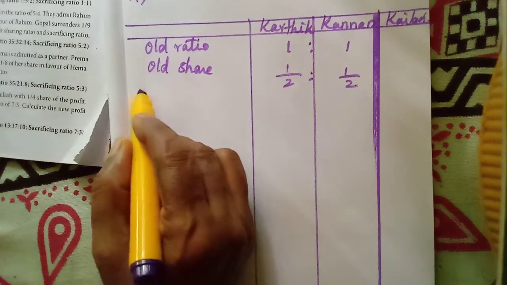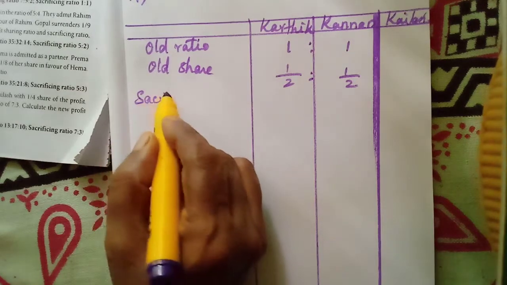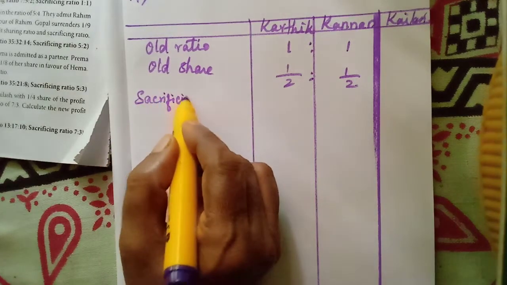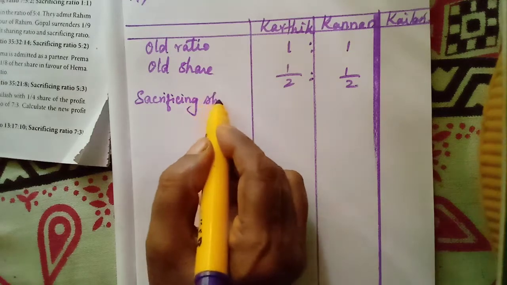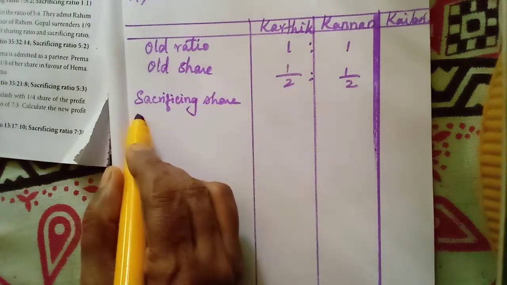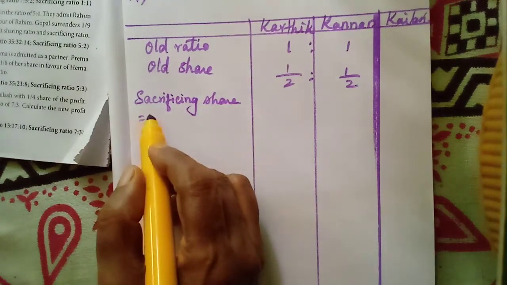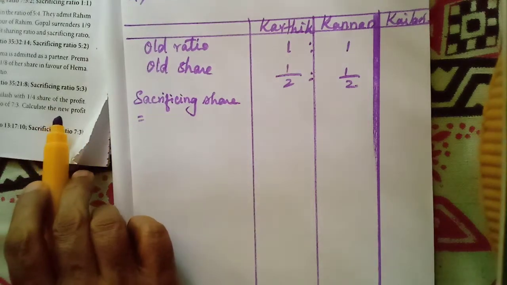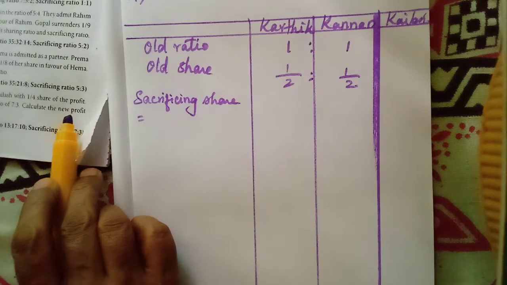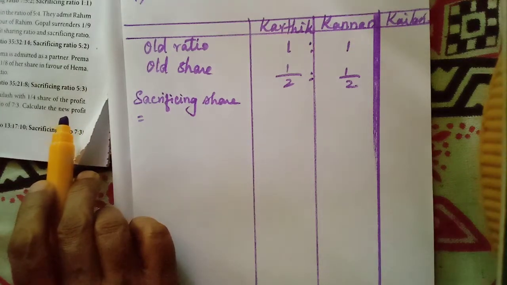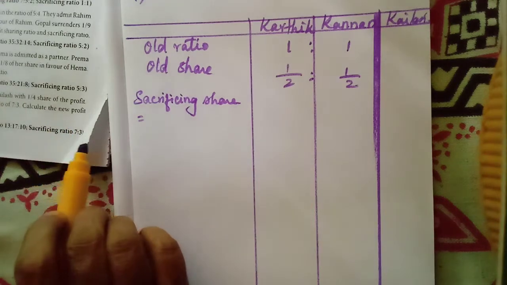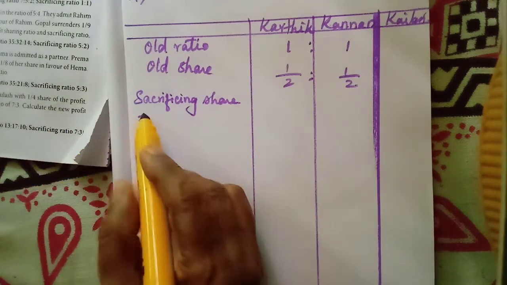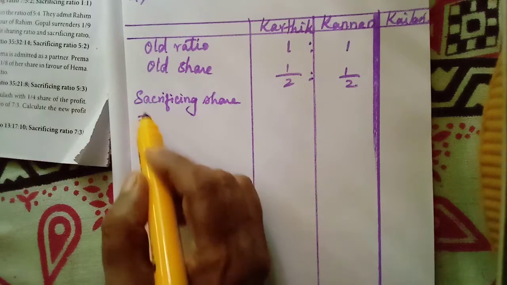Now sacrificing share. Here new partner's share, you see, 1/4 share of profits. What's the question? Kailash acquired his share from old partners in the ratio of 7:3.